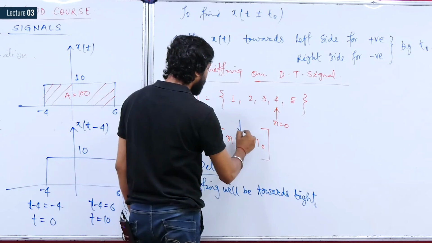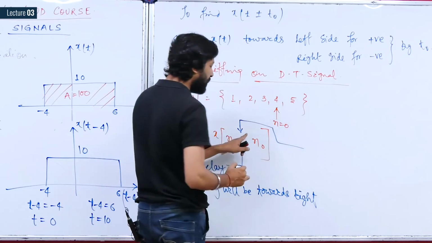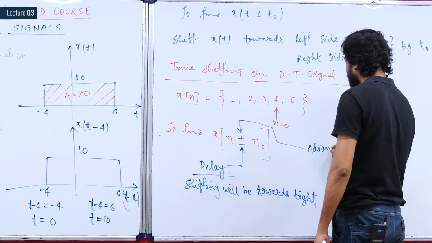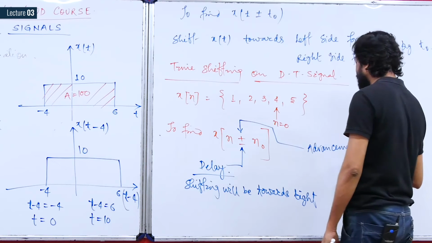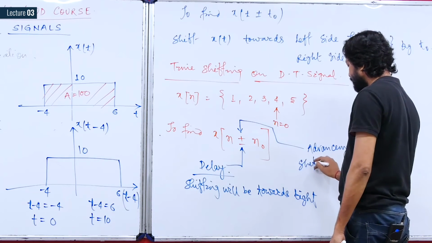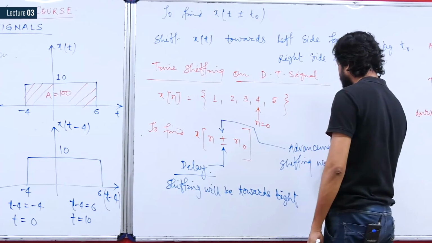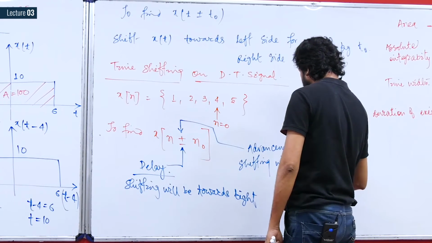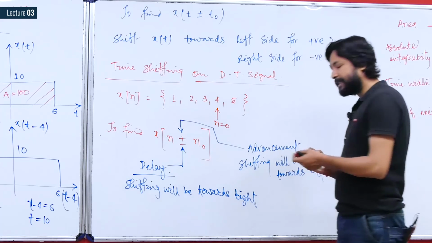Similarly, if there is a positive sign, that is you are going to advance any signal, this positive sign means advancement, and to advance any signal the shifting will be towards left.